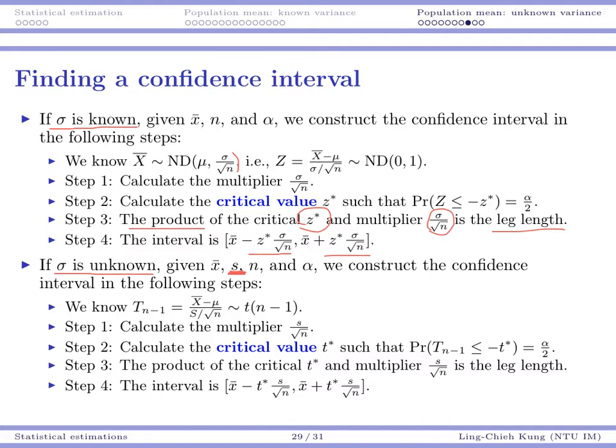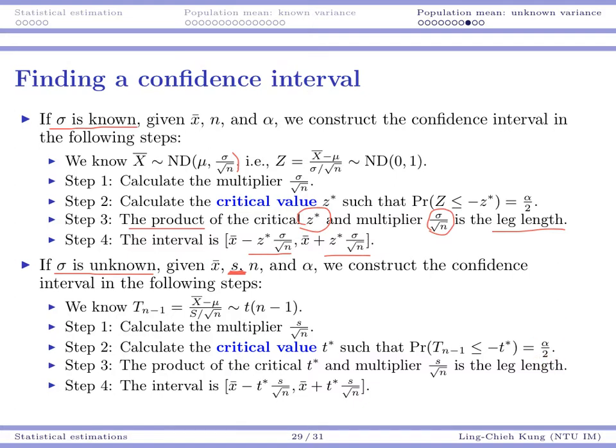And then we want to calculate the multiplier with S replacing sigma. And then we want to calculate a critical value t star so that the left tail probability of your t distribution is alpha over 2.